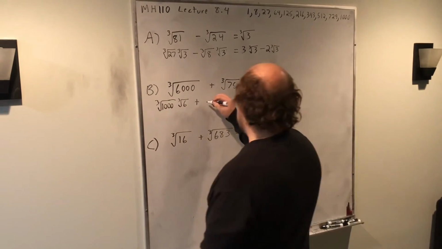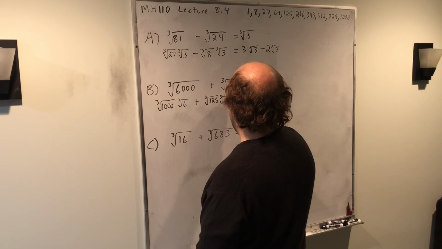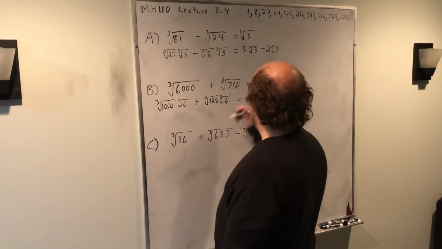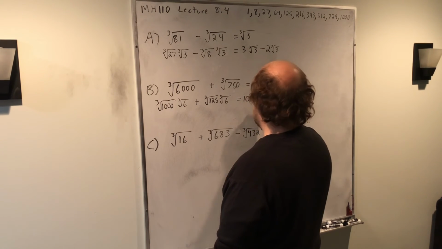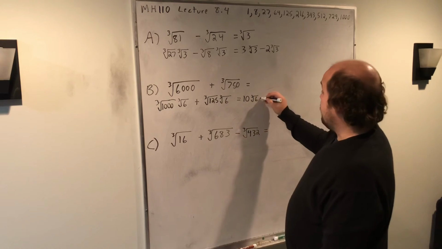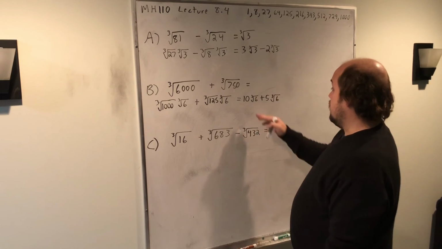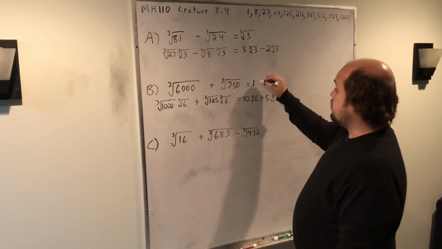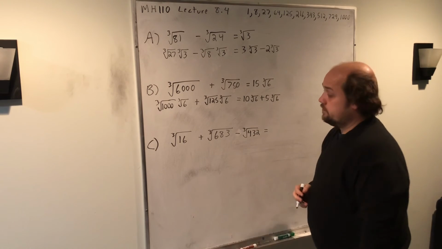So I can break this down into the cube root of 125 times the cube root of 6. The cube root of 1,000 is 10, so this becomes 10 cube root of 6. The cube root of 125 is 5, so this becomes 5 cube root of 6. 10 plus 5 gives me a total of 15 cube root of 6.